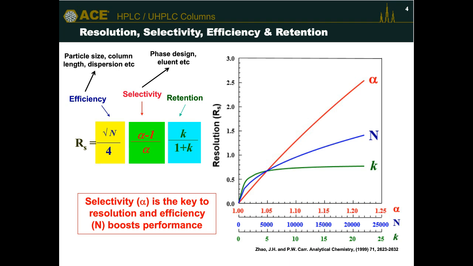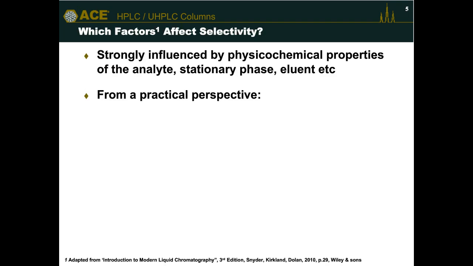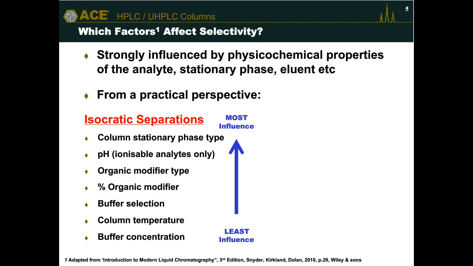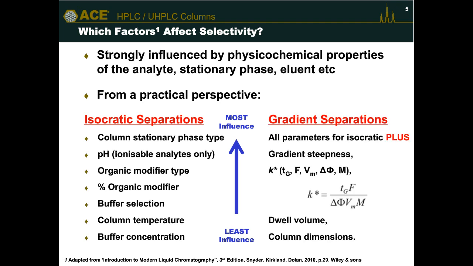So now we know selectivity is important in chromatography. Which factors affect selectivity? Well, in fact, many of the parameters that you can change and modify in your mobile phase, and even some instrument parameters, have an impact on selectivity, believe it or not. However, they don't all affect selectivity to the same amount.